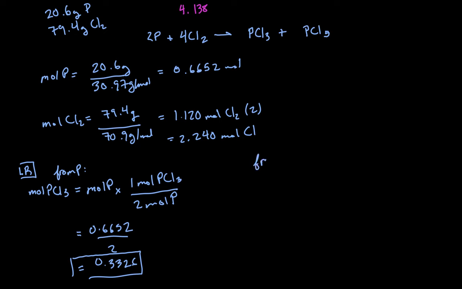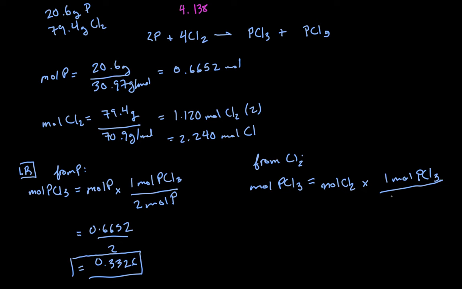Now let's try chlorine. Actually, let's use Cl2 since we have it. Moles of PCl3 equals our moles of Cl2, which we put up top so that it cancels, and we have 4 moles of Cl2 for each mole of PCl3.